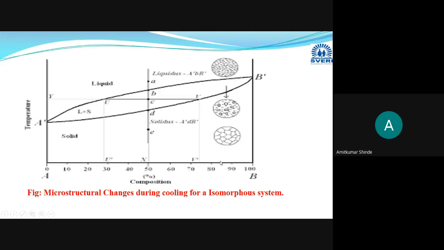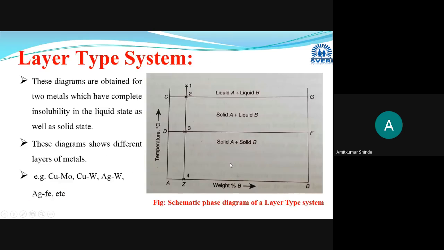Okay, two different microstructures you have to show here. This is the layer type system. For the 1 to 2 region you have to show two different liquids, and for 2 to 3 one solid, which will be named solid A, and the remaining will be liquid B. And for 3 to 4 the microstructure will be solid A plus solid B, like this.